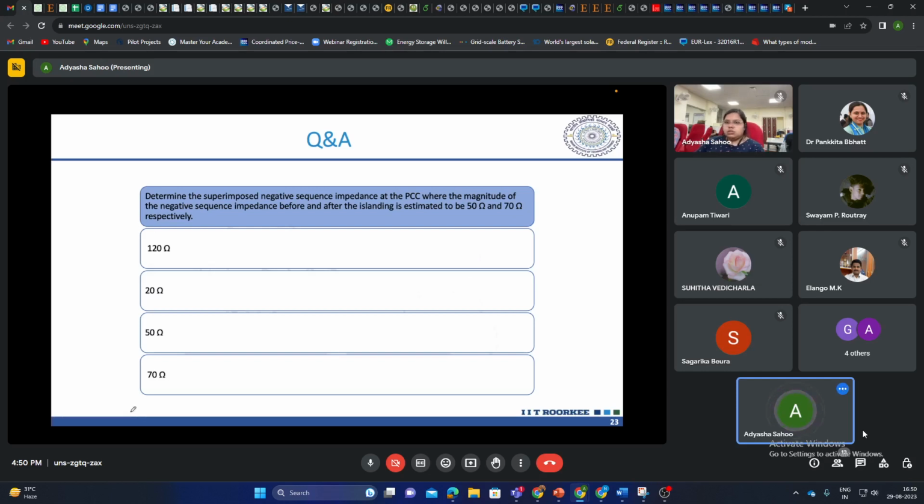Okay, then we'll move to the Q&A. The first question is: determine the superimposed negative sequence impedance at the PCC where the magnitude of the negative sequence impedance before and after islanding is estimated to be 50 ohms and 70 ohms respectively.